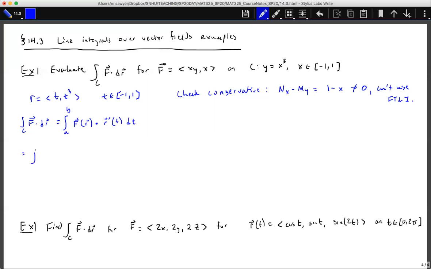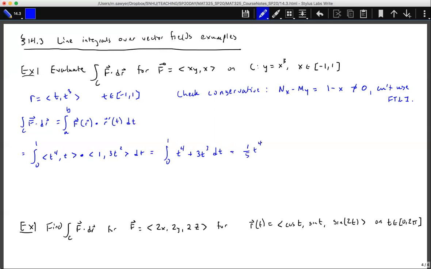So this becomes the integral of t to the 4th, comma t, when we input in our t and our t cubed, comma t, dotted with our derivative, which is 1 comma 3t squared, dt, which gives us the integral of t to the 4th plus 3t cubed dt. This is a nice easy integral to solve.